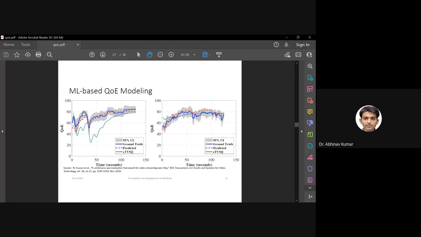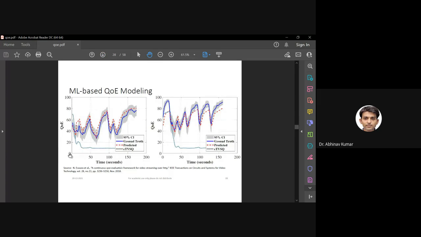The ups and downs are captured reasonably well, but the rate at which SVR-QoE was able to catch up to the actual ground truth is much better. The red and blue lines are much better correlated than with ETVSQ. This is true for rebuffering instances, but for non-rebuffering instances, for example in the second figure on the right side, they're more or less similar. There's no significant difference.